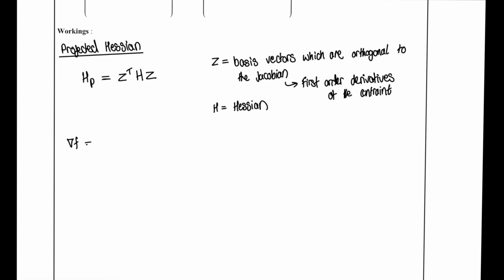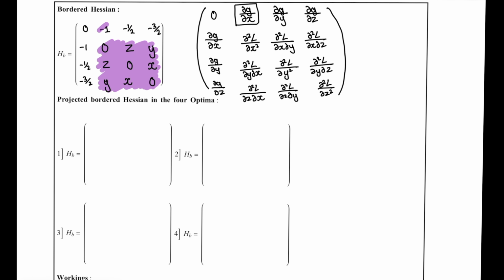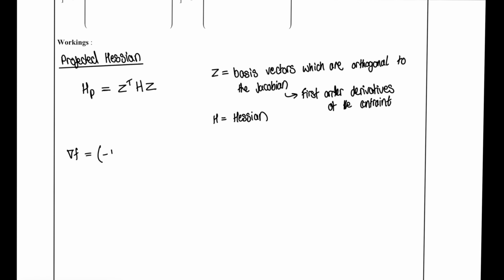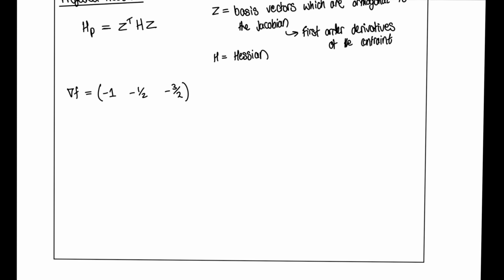So the first order conditions were -1, -1/2, and -3/2. Now we need to find a convenient basis of vectors which are orthogonal or perpendicular to our gradient.